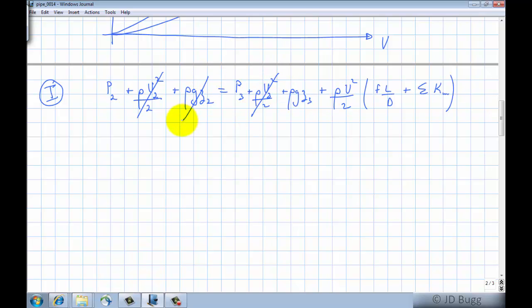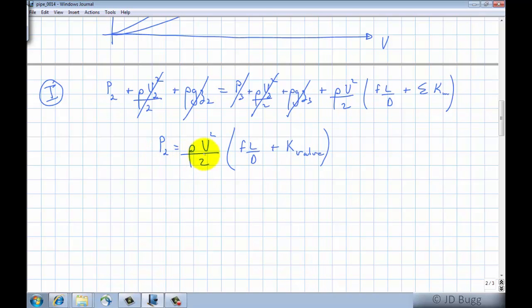The elevation at point 2 and point 3 are the same, so that goes. And the pressure at point 3 is atmospheric, so that goes. So what we have left is P2 is equal to rho V squared over 2 times fL over D plus the minor loss coefficient of the valve.